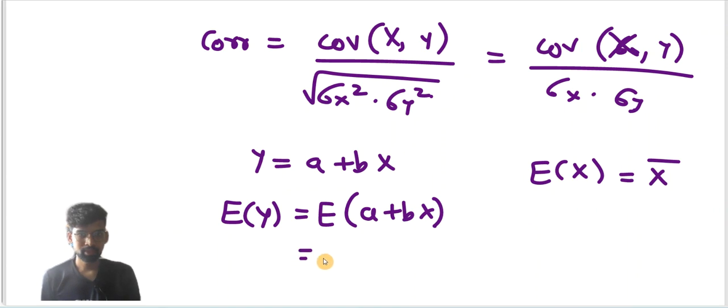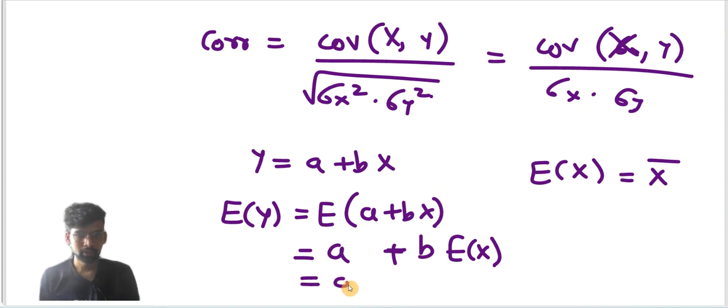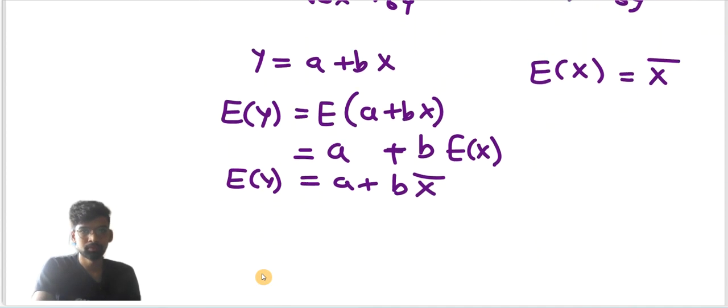Then from the linearity property of the expectation operator, the expectation of any constant is the constant itself, and the expectation of b times x is b times the expectation of x, so it is b x bar. So this is about expectation.